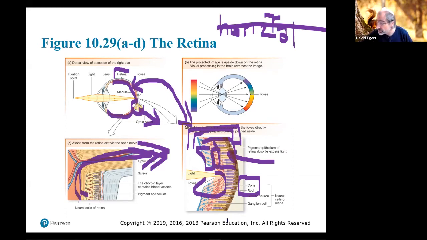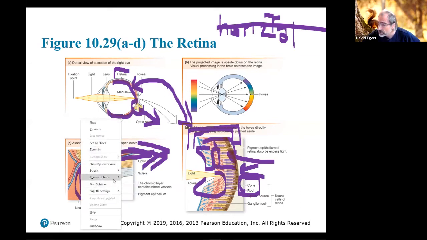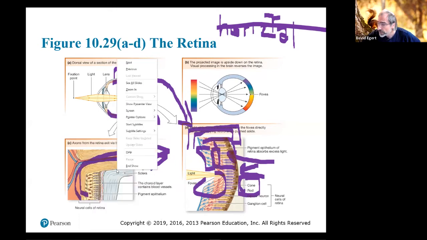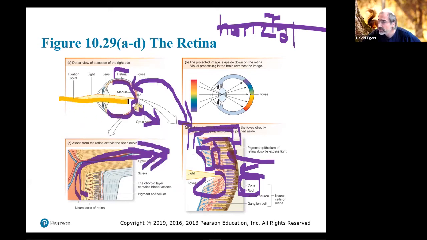I should also mention that it's very non-intuitive that the rods and the cones are on the back of the retina. Because the light is coming in, if we look at this, the light has to go through the nerves, through the ganglion cells, through the bipolar cells, and finally get to the photoreceptors.